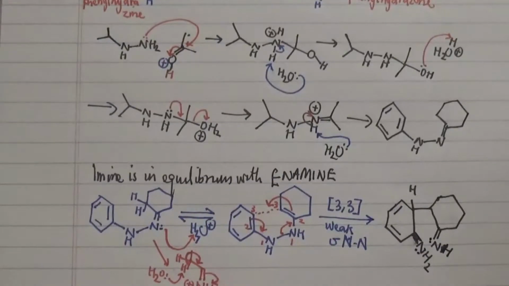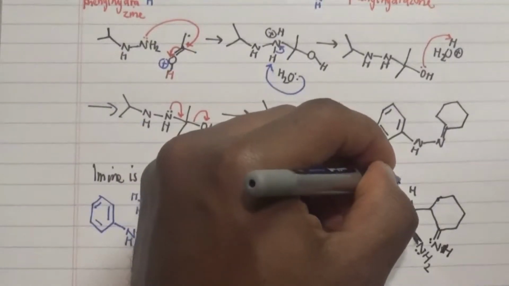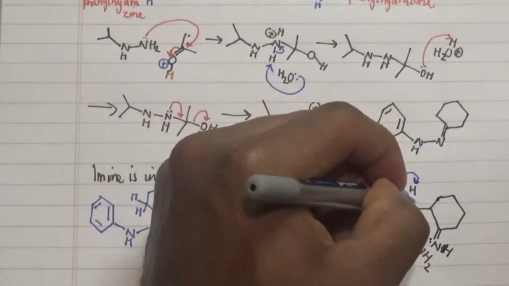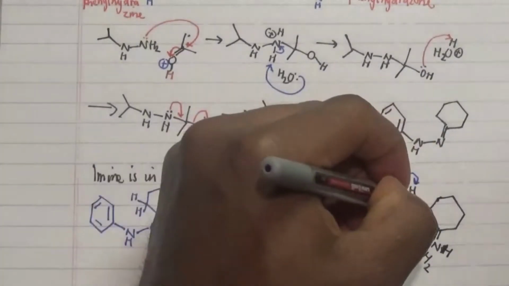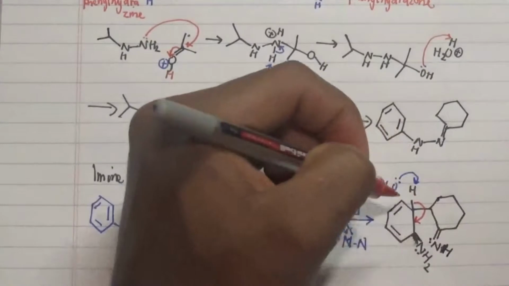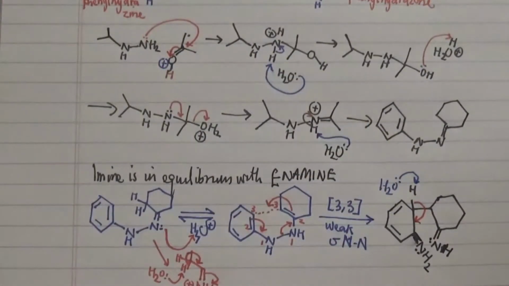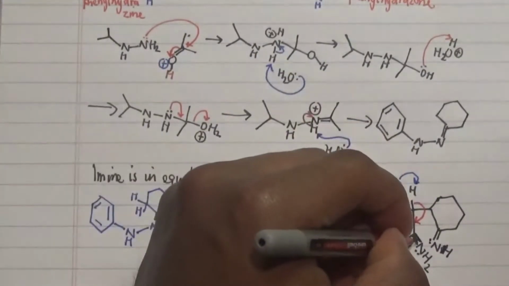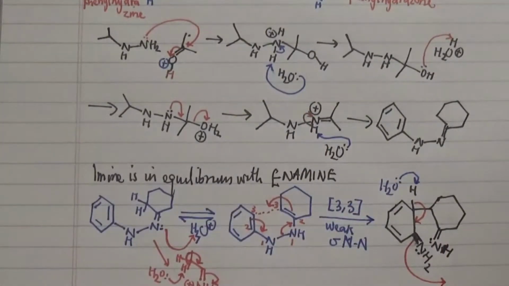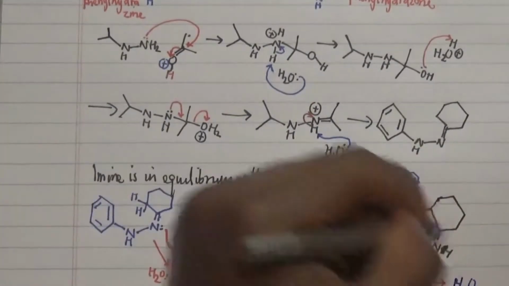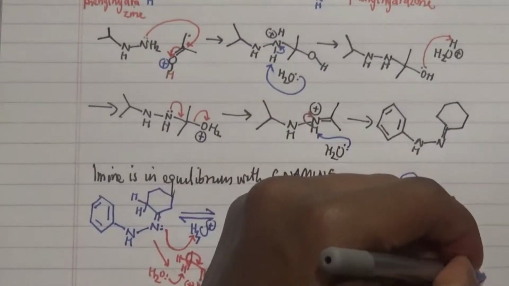So what happens here is that the water comes in and deprotonates this, and then we reform our double bond in this particular region. And then what happens next is that this picks up a proton from the acid that was being formed in this particular step over there.